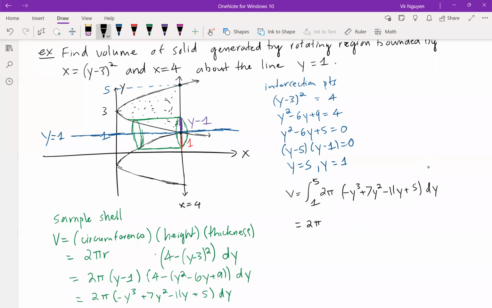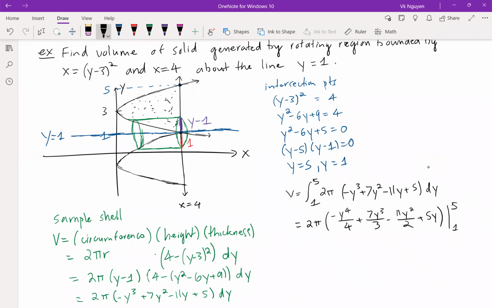2 pi times (minus y to the 4 over 4 plus 7y to the 3 over 3 minus 11y squared over 2 plus 5y), and we evaluate from 1 to 5. It's going to be a lot of fractions.